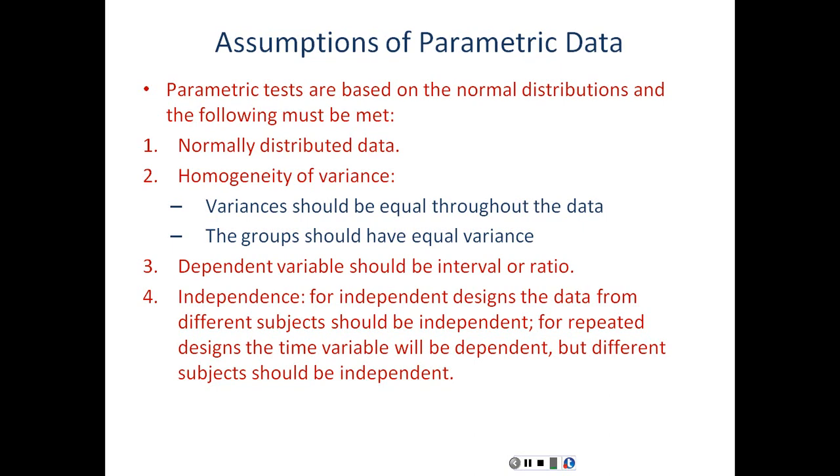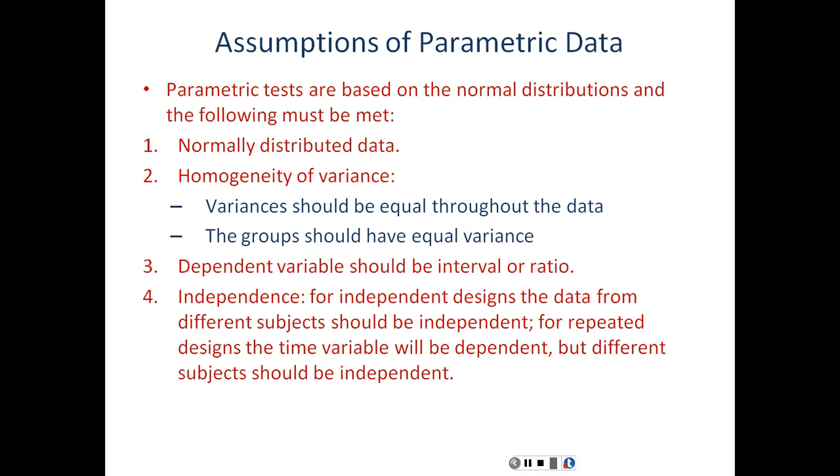Before you conduct that test, you want to make sure that the variances of both groups are similar or the same. The groups should have equal variance. There are times where you might be comparing more than two groups, for instance three groups. Again, you want to make sure that you meet that criterion of homogeneity of variance.